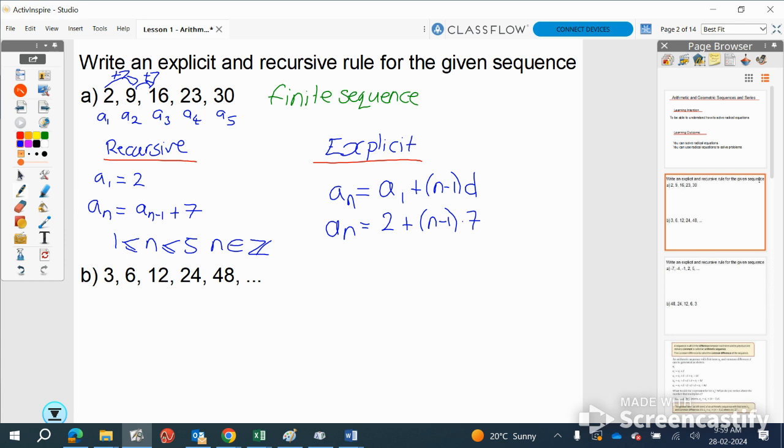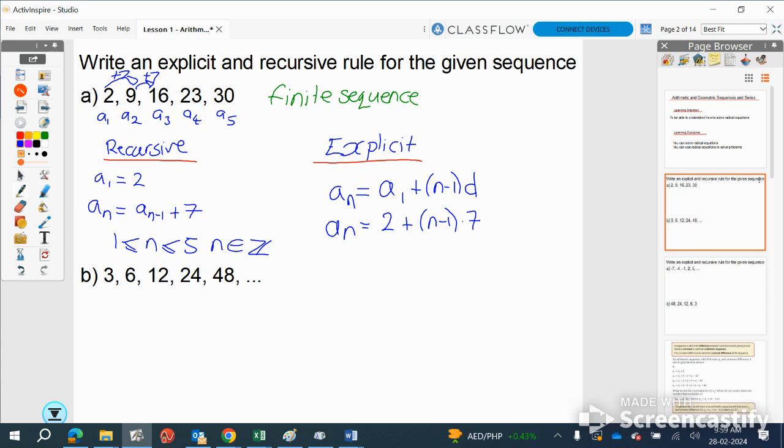It's n minus 1 times 7, but we're adding. So for the first term in the sequence, we don't need any lots of 7 adding. We need this to be 0 and disappear. For the second term, we need 1 lot of 7. So 2 minus 1 gives us 1 lot of 7.